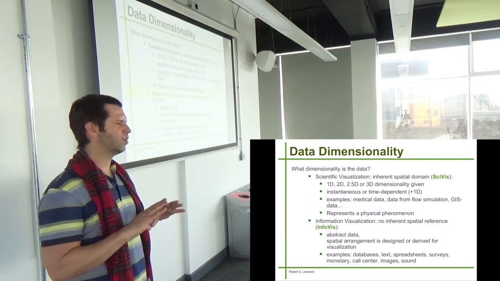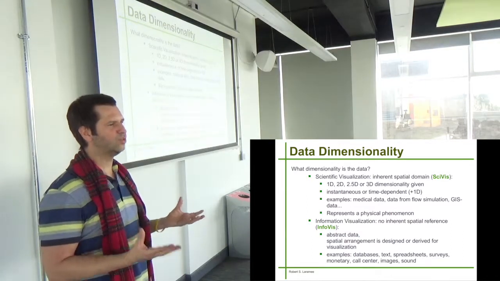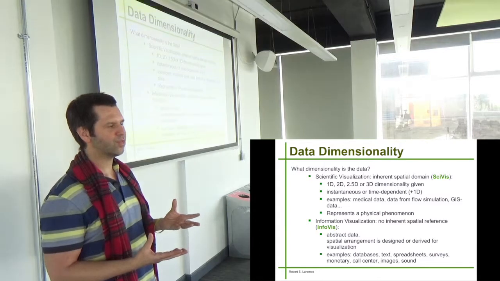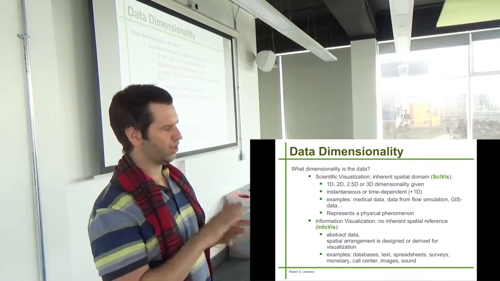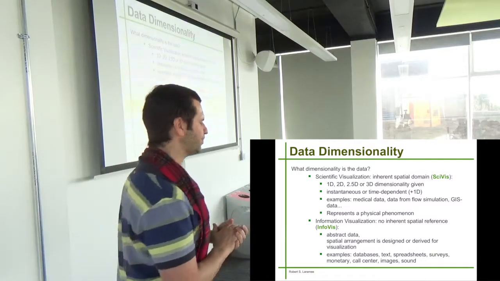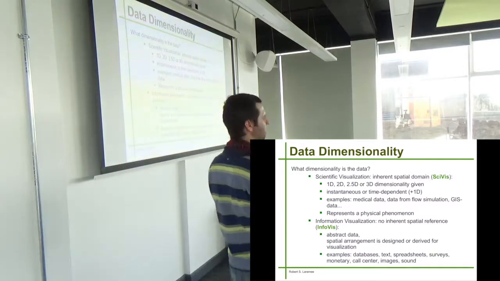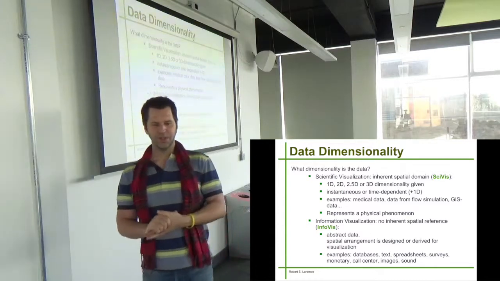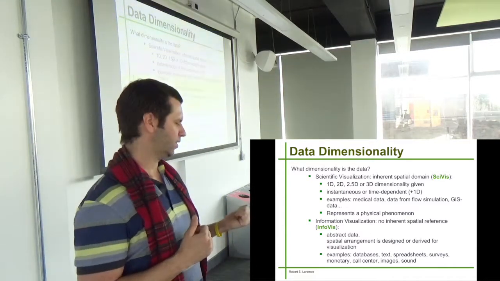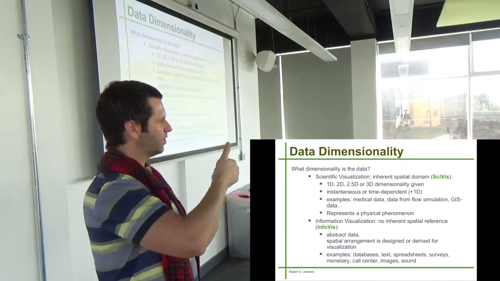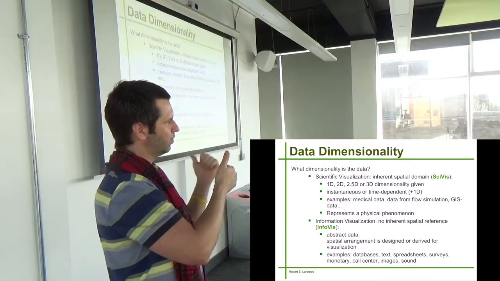A curved surface is not really 2D, but it's not 3D either because it has no volume, no thickness. So we call it 2.5D. And 3D is a volume, so it has an x-axis, a y-axis, and a z-axis, a depth.